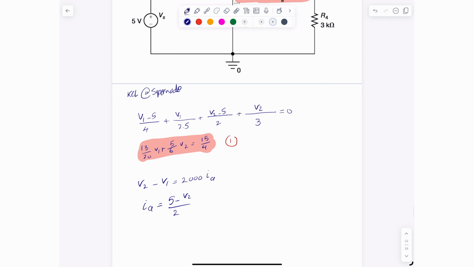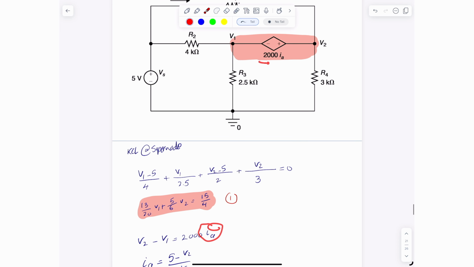Something we need to pay attention to: usually whenever you see these dependent sources, they're in volts, and this 2000 is assumed to be in amps, because I didn't give you the unit. The default should be amps, volts, and so forth, not kilos or millis.